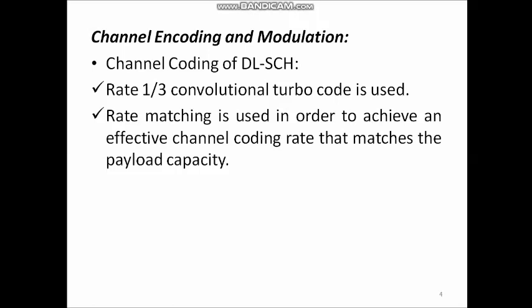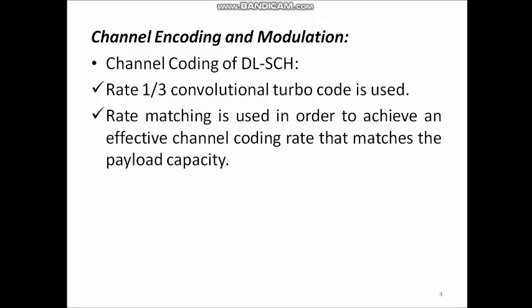Okay, next we will see what are the different channel encoding and modulation schemes that are used in the downlink shared channel. First, consider the channel coding. Here, rate 1/3 convolutional turbo code is used. So, the downlink shared channel uses the rate 1/3 convolutional turbo code. Already we have discussed this convolutional turbo code method in the previous session. Please go through it.